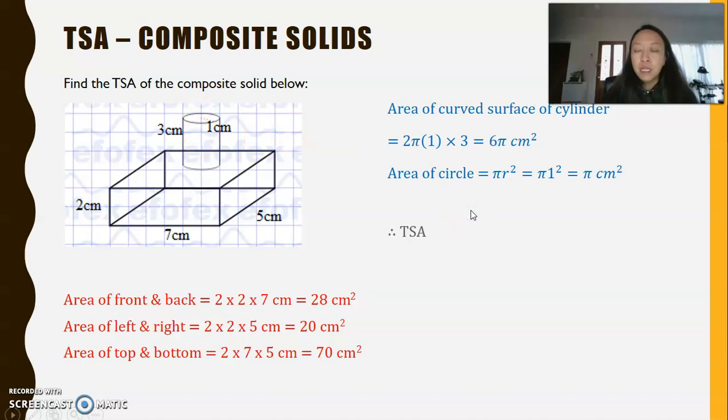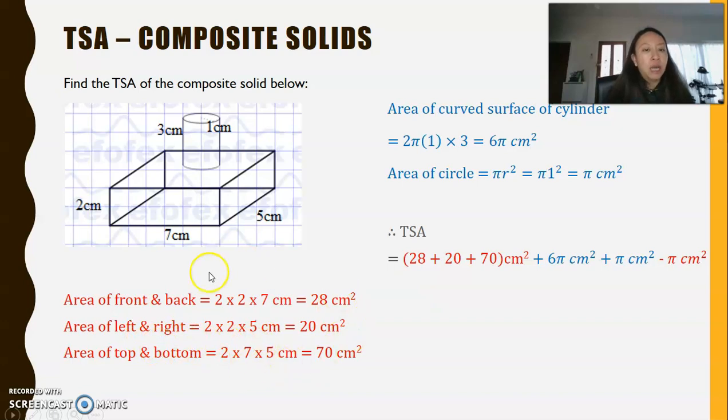To find the TSA of the whole composite solid, we have to add what we have found for the rectangular prism first. I have color coded this as the red one here. Then plus the total surface area of the curved side of the cylinder and one area of a circle.